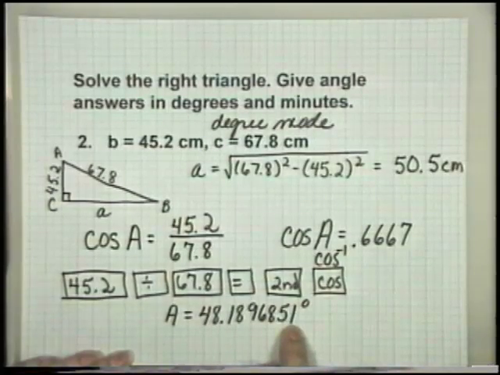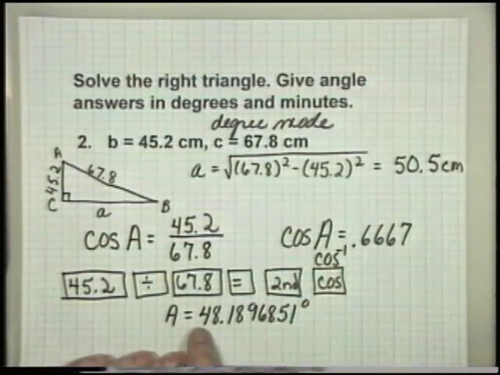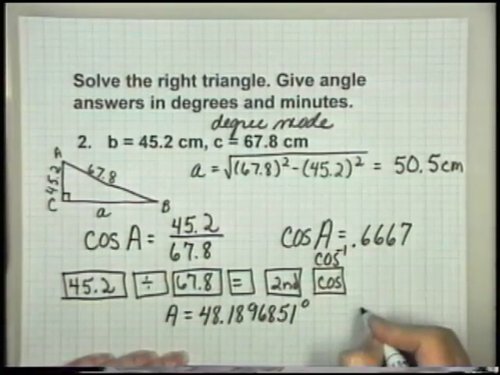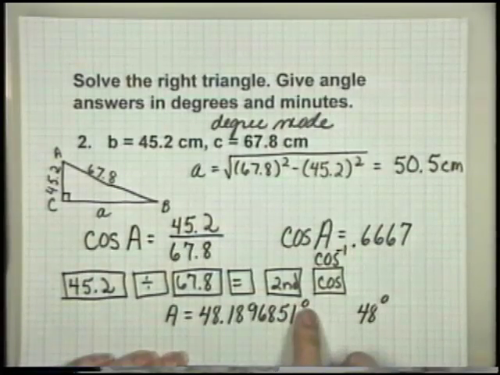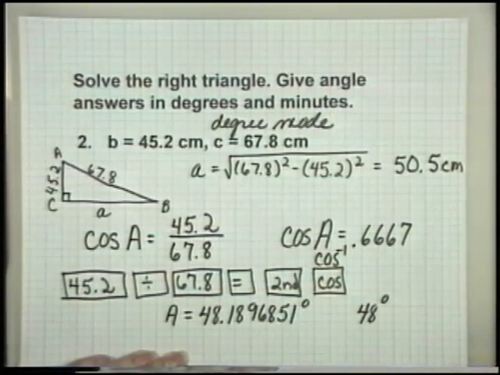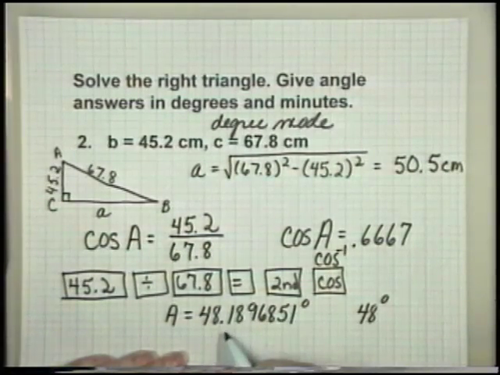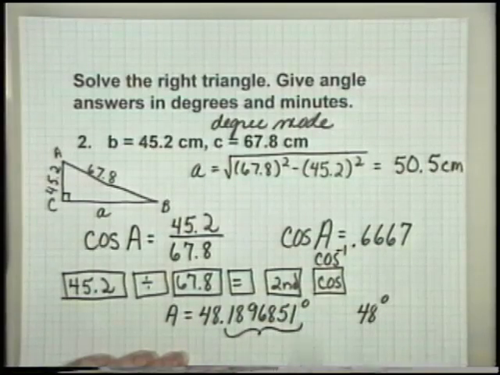Do you remember how to convert decimal degrees to degrees and minutes? Well, of course, the whole number degrees, the 48, is the same in both. I've got 48 whole degrees, and then minutes are parts of a degree, so I have to figure out how many minutes this decimal degree represents. Do you remember how to do that?